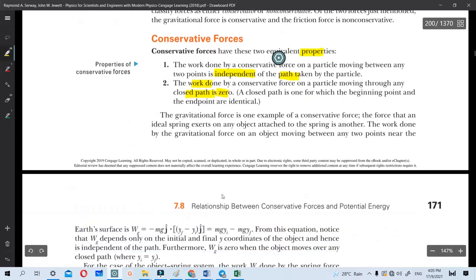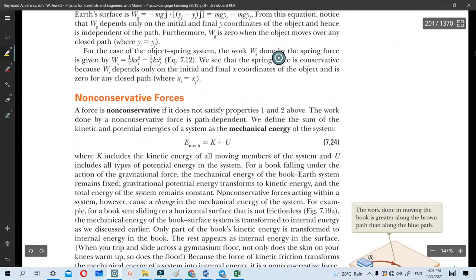That's number 2, right? Therefore, from the property just now, when we talk about what is non-conservative, it's just the opposite, that it is path dependent.